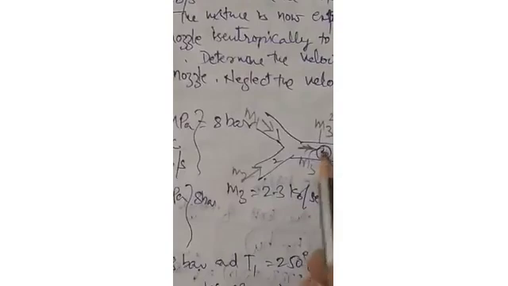How to find that? We can have an equation. We already have an equation from the adiabatic mixing, that M1 by M2 is equal to (H3 minus H2) by (H1 minus H3). And also we know that M1 plus M2 is equal to M3 as well.